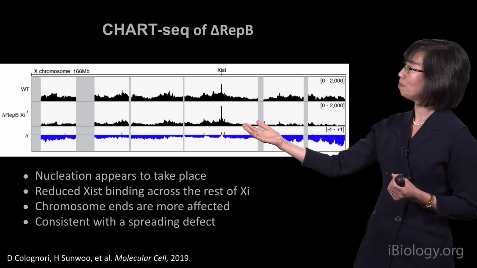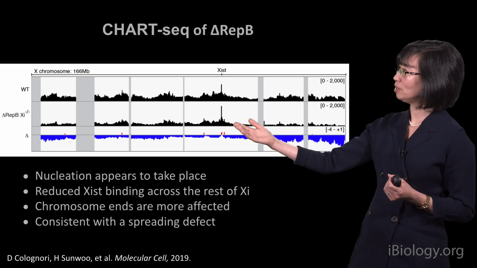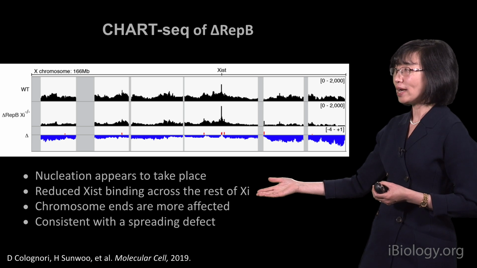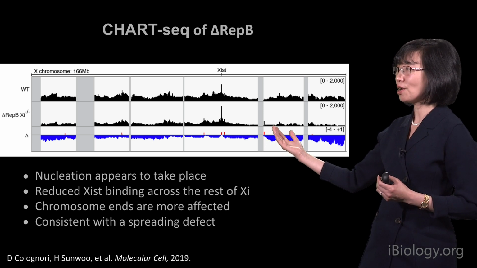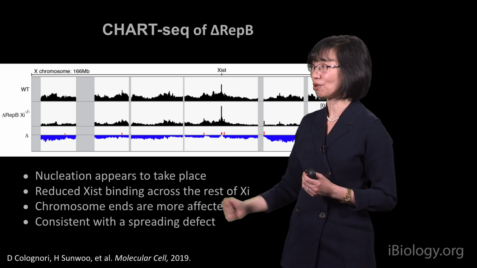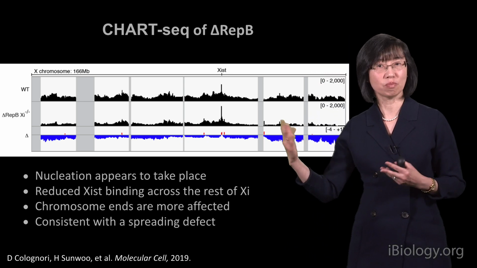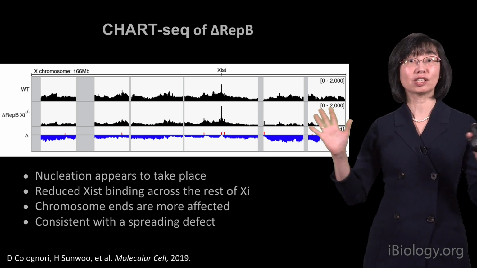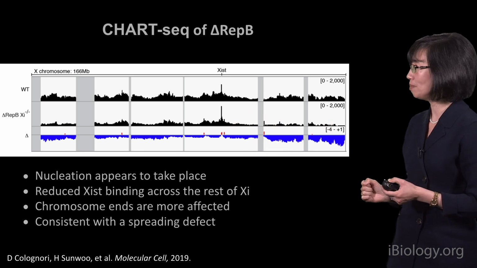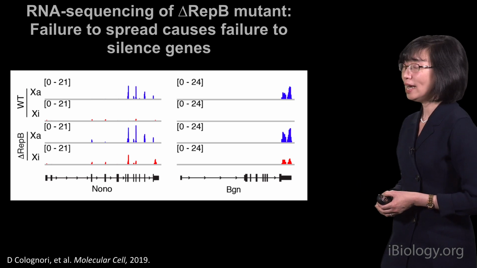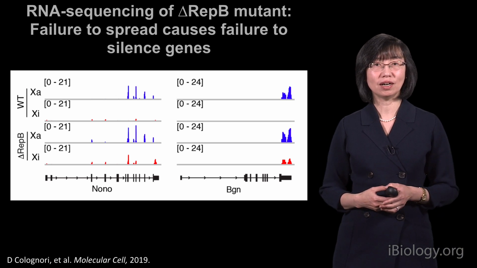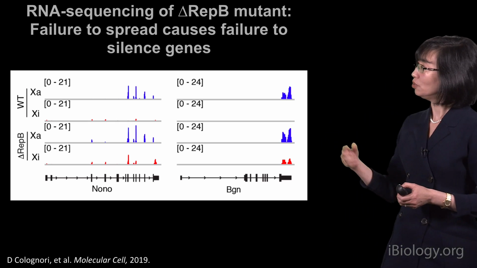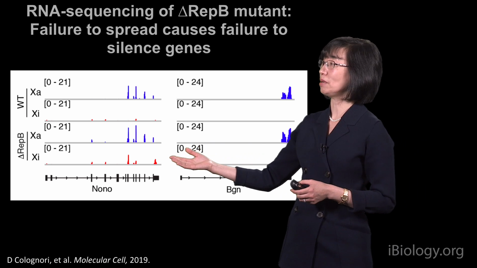But when we delete repeat B, you see that there is a diminution of binding across the entire X. And it appears as though the ends of the X chromosome are being more affected than the middle region, consistent with this idea of a spreading defect in 3 dimensions. Okay, and as you would expect of an RNA that can no longer spread efficiently on the X chromosome, gene silencing is severely compromised.